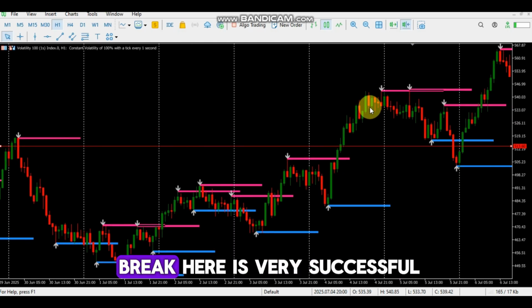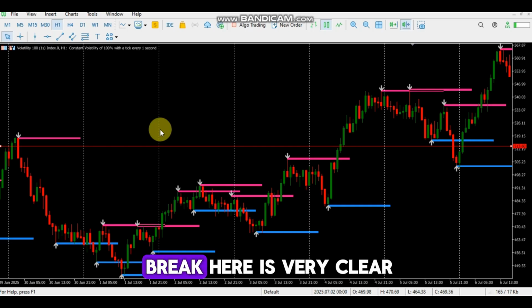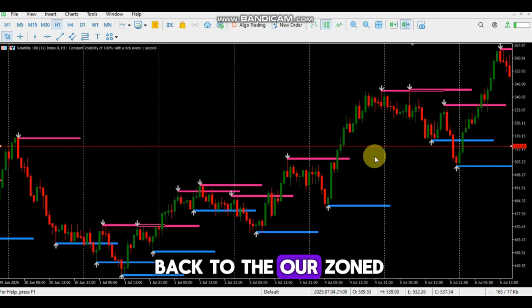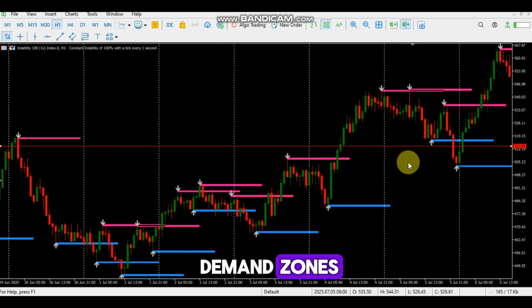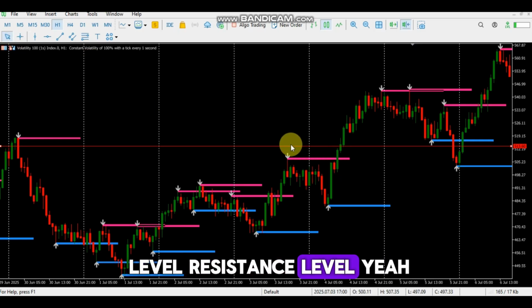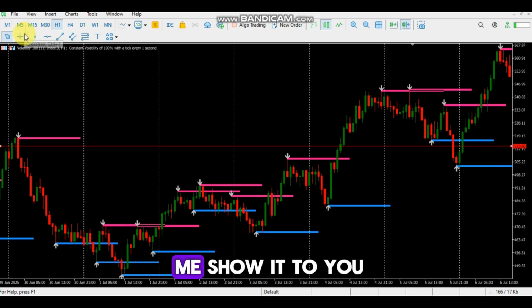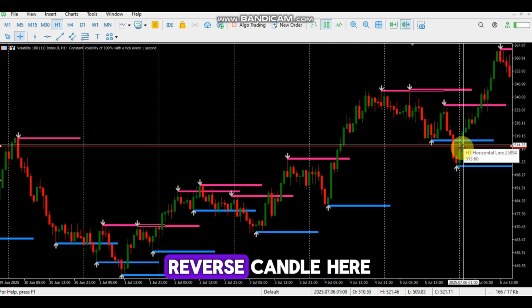Can you see the break here is very successful? It's very clear that something has already broken here. The market broke it and came back to our zone, and we have an FVG here, we have our demand zones, we have a resistance level here. Can you see it actually came to that resistance level?